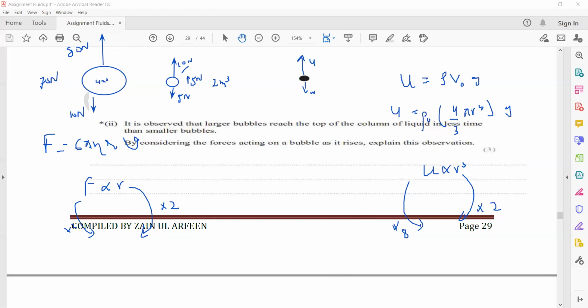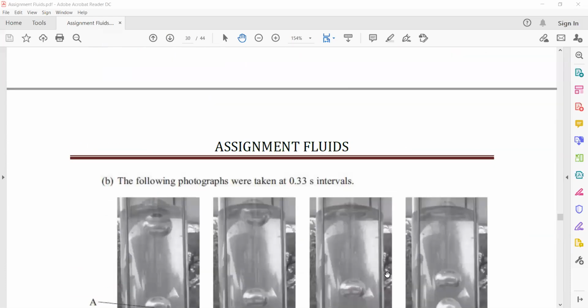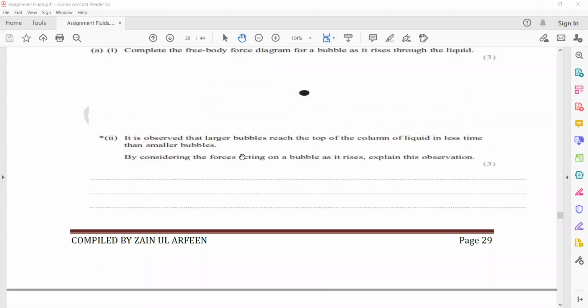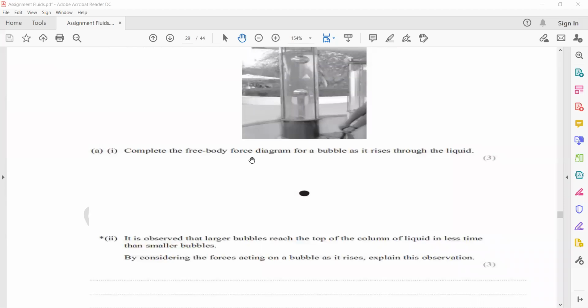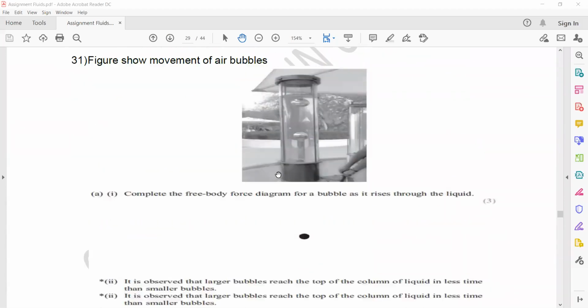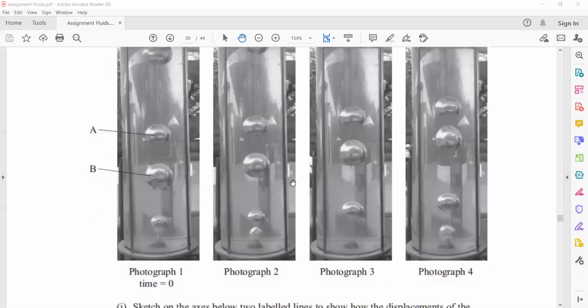Is this part clear? Mass is not too effective here. The weight is affecting it, but these are air bubbles, so we can neglect their weights.